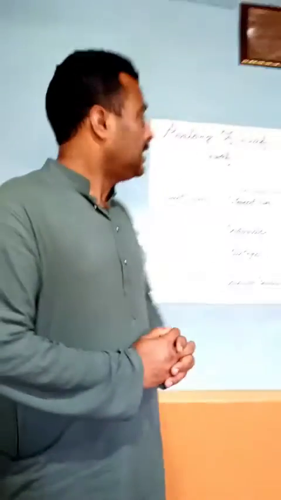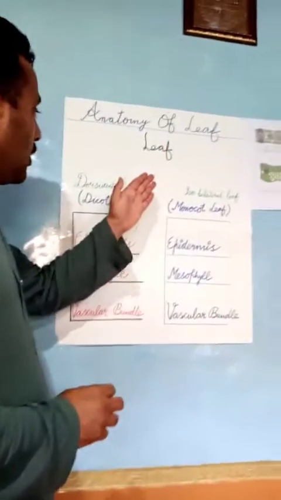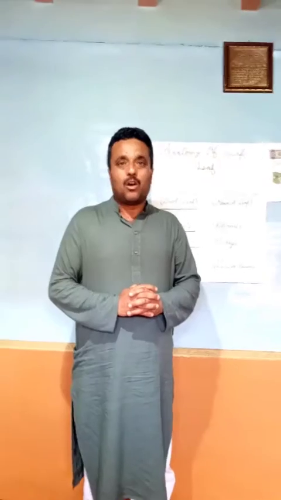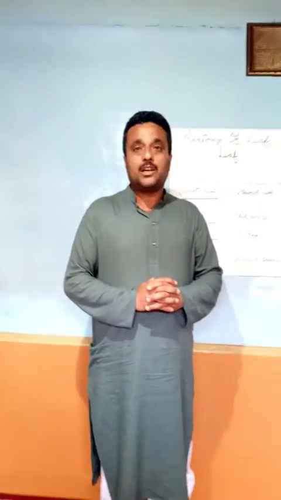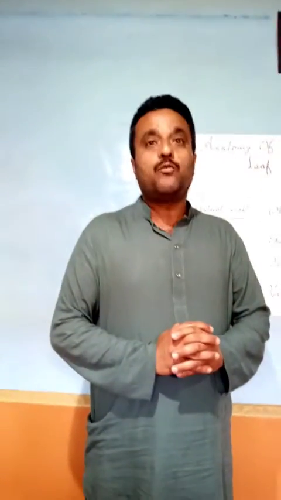Now, regarding the structure of the leaf, we have mainly two types of leaf, that is the dorsoventral leaf and the isobilateral leaf. These two types are based on the structure of the ground tissue, on the basis of the mesophyll tissue.